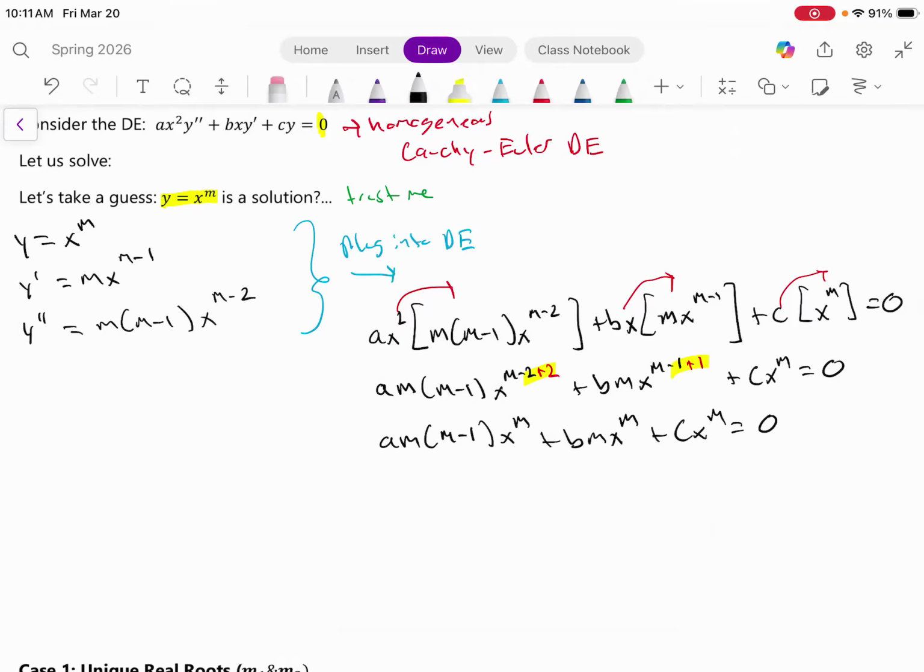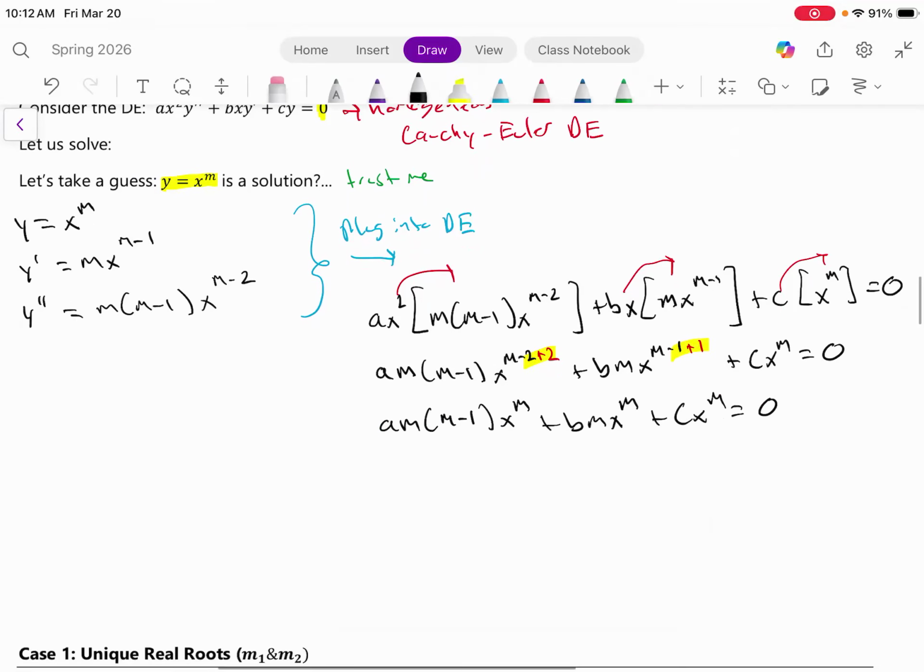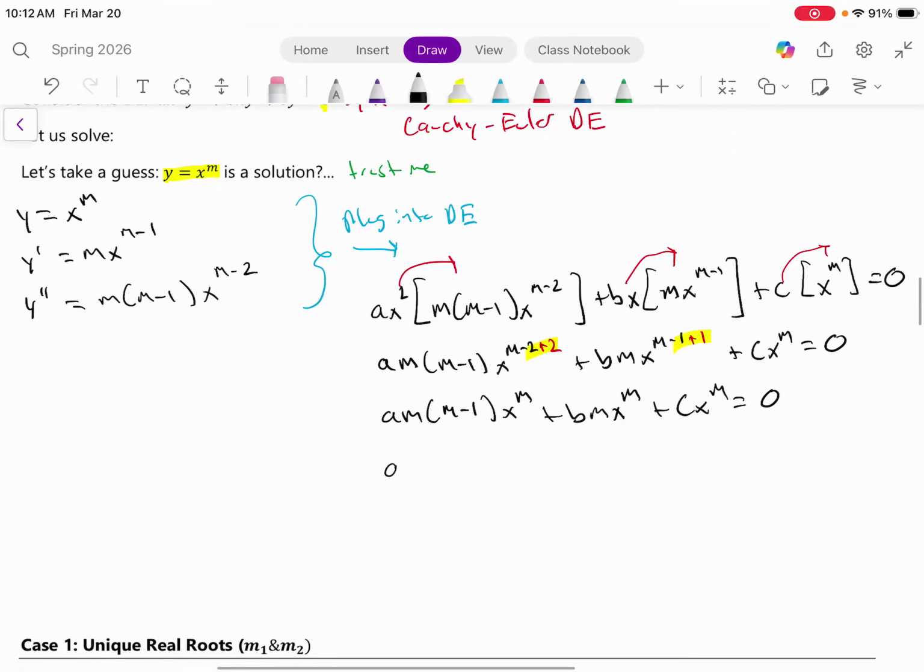All right, so what do all these terms have in common? They have an x to the m in common. So what I'm going to do is factor out an x to the m. So this would be am times m minus 1 plus bm plus c, and I'm factoring out an x to the m.